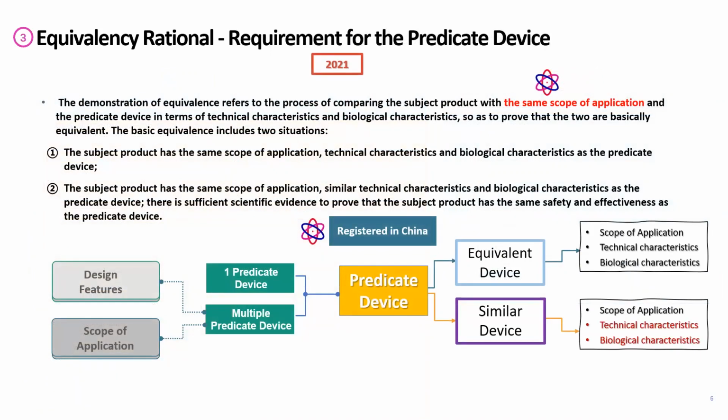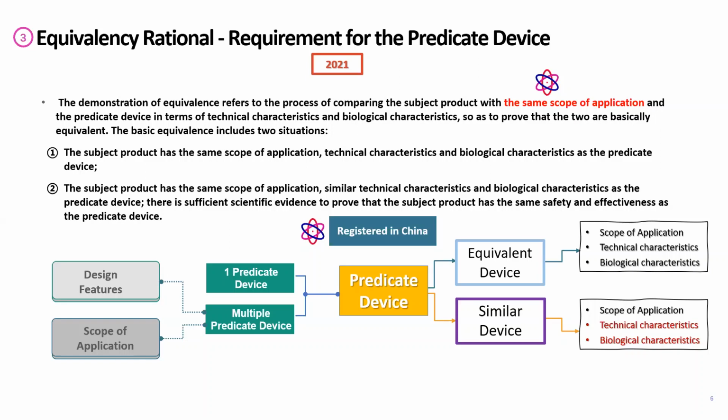At that time, we thought it gave hope to companies that we could choose a predecessor which has been approved outside China. But when the formal guidance was issued this September, we know that only a medical device which has been registered in China can be chosen as the predicate device. This is not good for most companies, as it narrows the choice of predicate device.